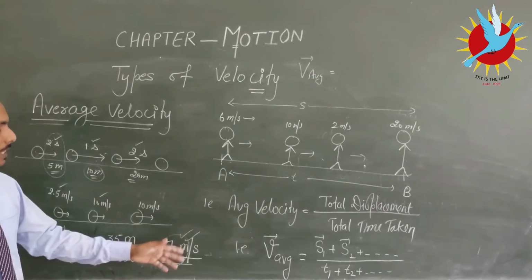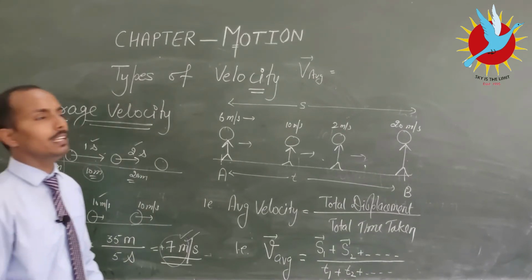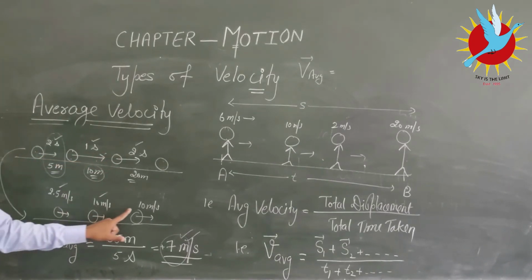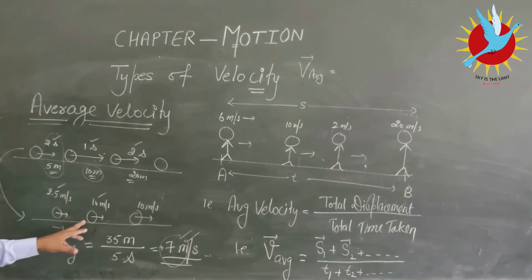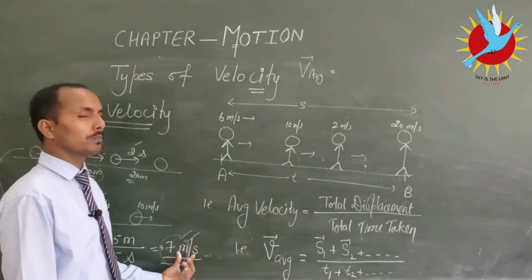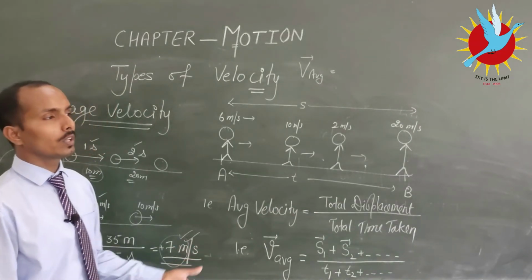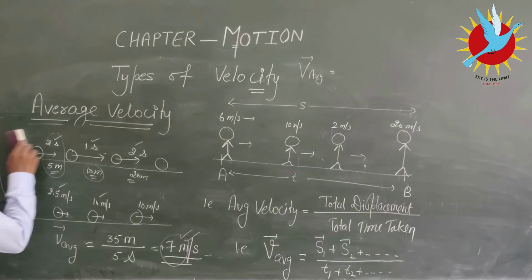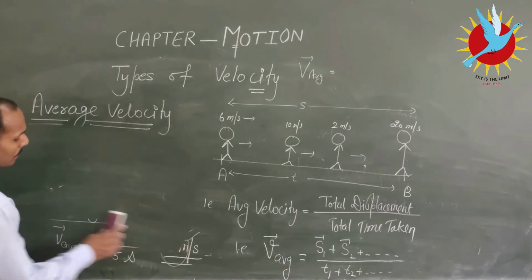So the average speed gives information about non-uniform motion as a uniform speed. This is non-uniform speed, but if we take the average, it gives a uniform speed. So this is the average speed.